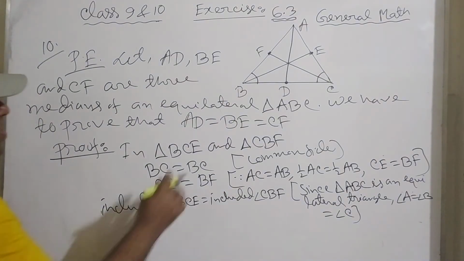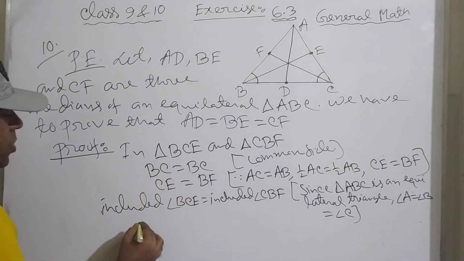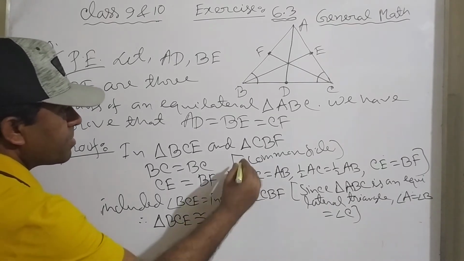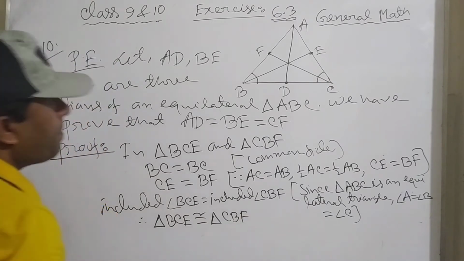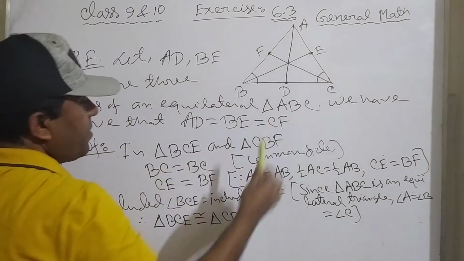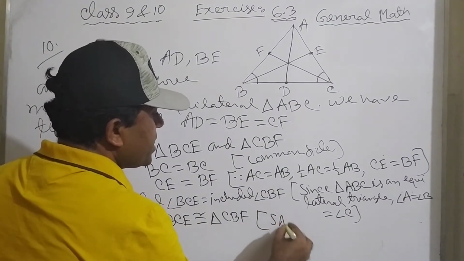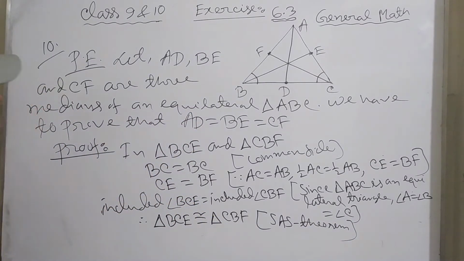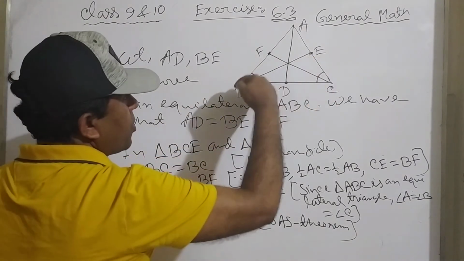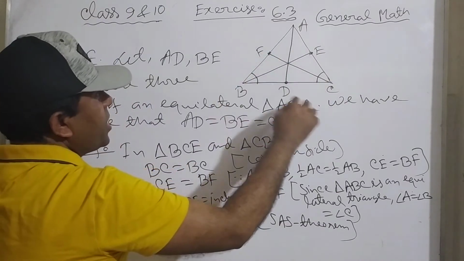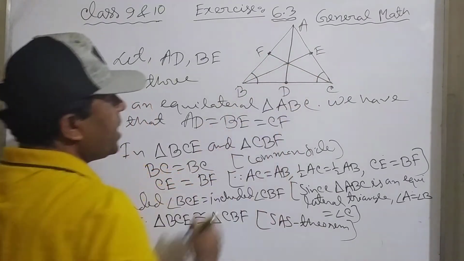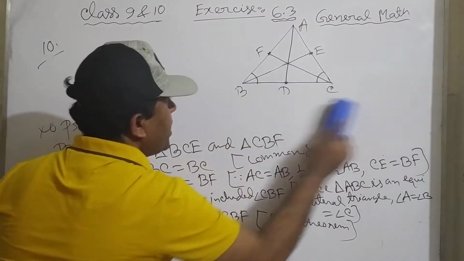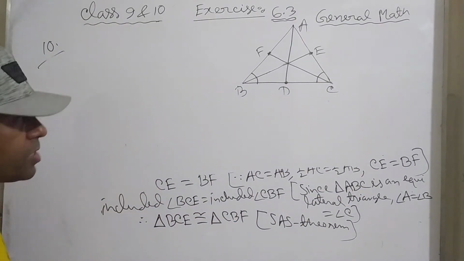So angle B equals angle C. So triangle BCE is congruent to triangle CBF by the SAS theorem, side angle side. So BE equals CF.